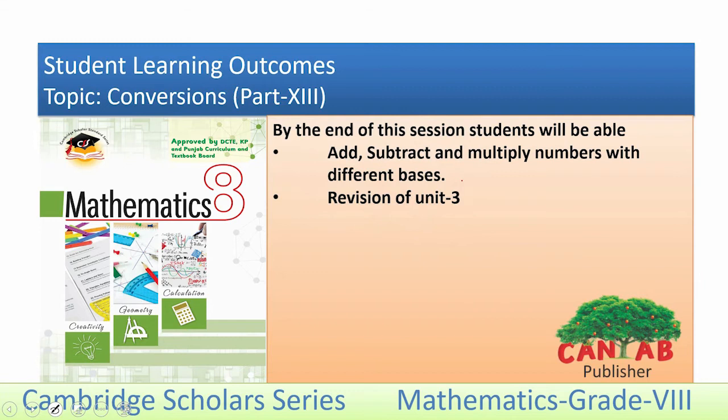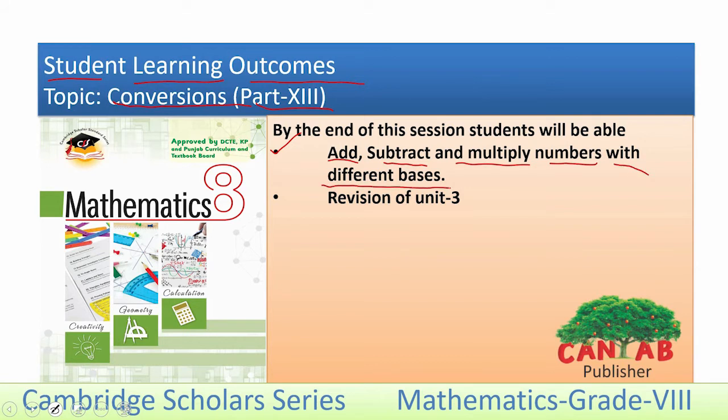Students, our today's topic is conversion, part 13. Part 13 means this is our 13th lecture on this topic. Here we will discuss two SLOs. SLO means student learning outcomes. First SLO: add, subtract and multiply numbers with different bases.